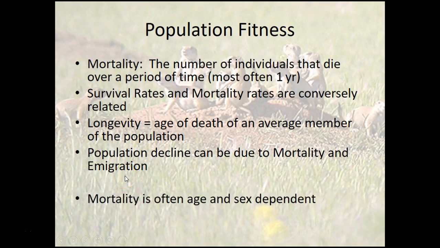So now we need to look then, I should add, mortality is often age and sex dependent. We know that it's sex dependent by having males often have higher mortality rates than females, especially with mammals, I should say. And that is due to a higher energetic requirement to maintain a higher home range, and a bigger area that they have to cover when they're looking for mates.